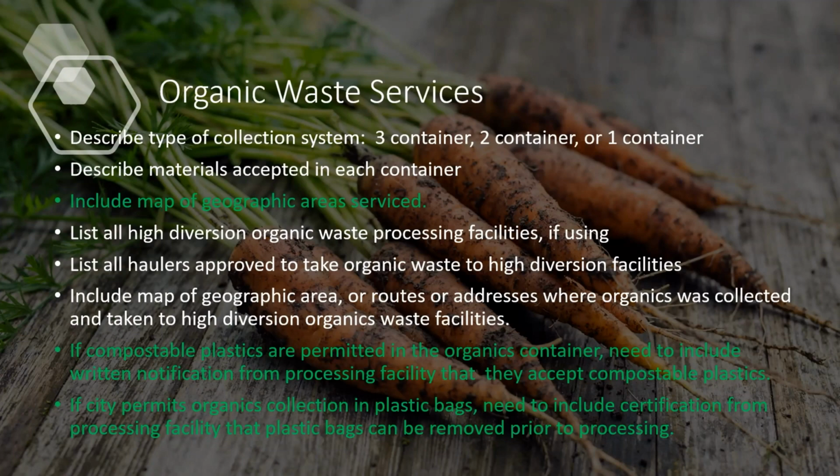If your city allows your residents or businesses to put their organics in plastic bags, and your processing facility accepts it that way, you're also going to need the facility to certify that these bags are removed at the facility prior to processing. So these are some of the things you have to have for an organics program. Okay, I can list my hauler and where it goes, but you also need to make sure you have these certifications in file if necessary.